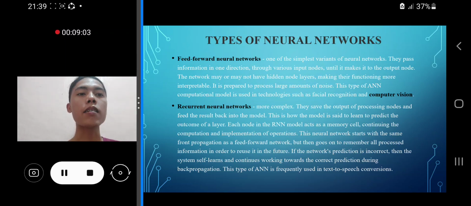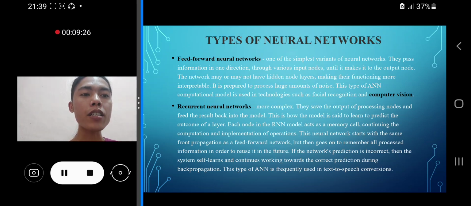The second type is the recurrent neural network. More complex, they save the output of the processing nodes and feed the result back into the model. This is how the model is said to learn to predict the outcome of a layer. Each node in the RNN model acts as a memory cell, continuing the computation and implementation of operations.